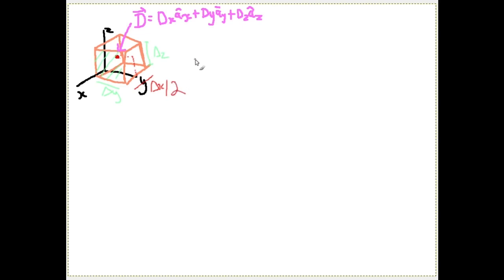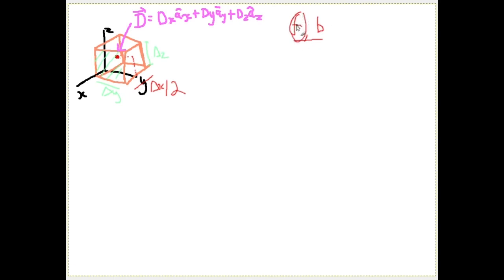If I want to find the surface integral, when looking at the x-axis, I can see that there are two surfaces available. One is the front surface, and I have to solve the back surface as well. So both I have to solve. First, let's concentrate on the front surface.